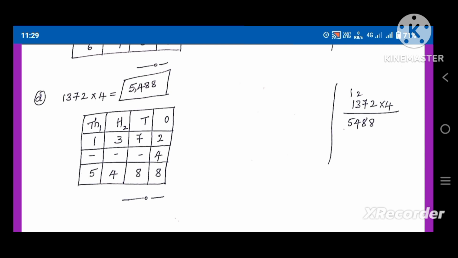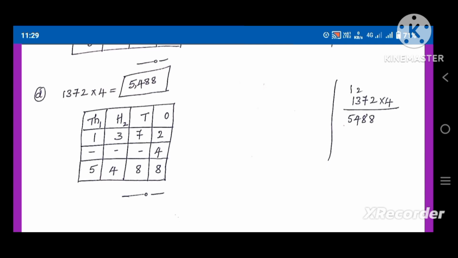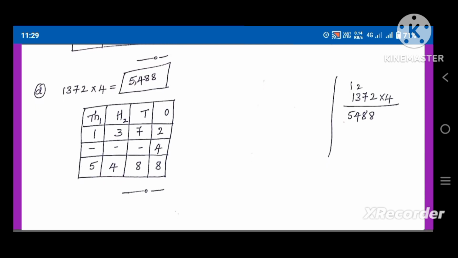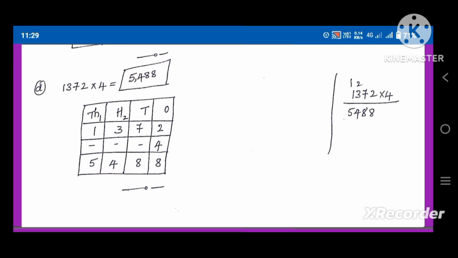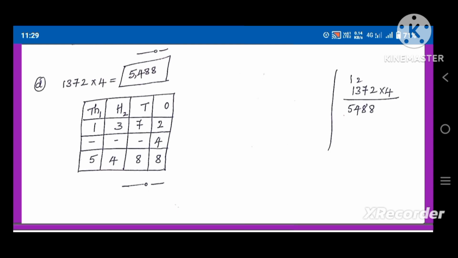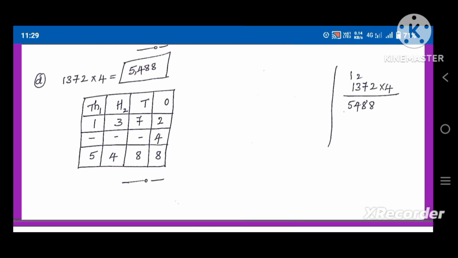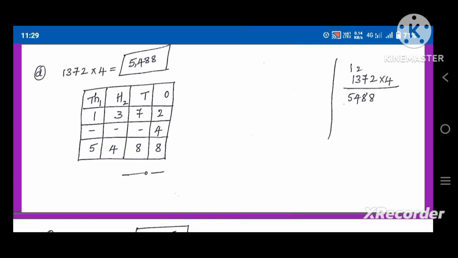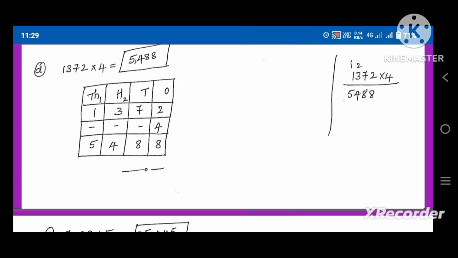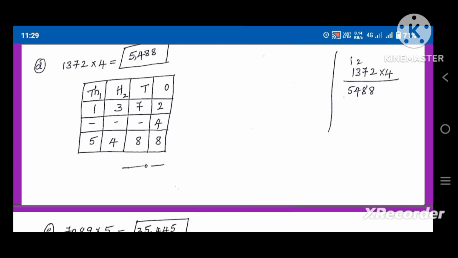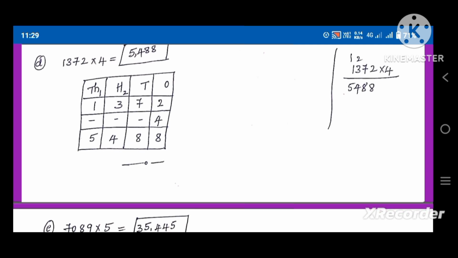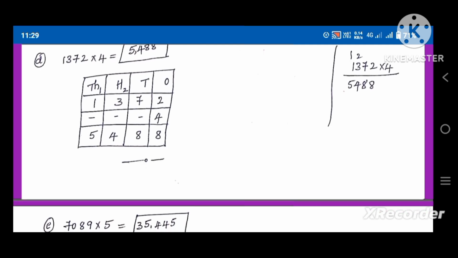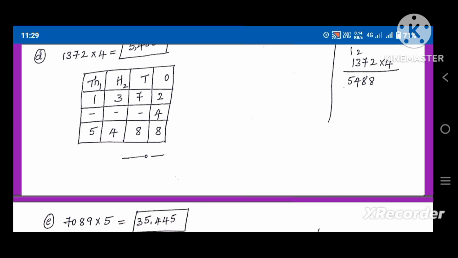Question number D, 1372 into 4. 4 into 2, 8. 4 sevens are 28. 2 carry. 4 threes are 12. 12 plus 2, 14. 1 carry. 4 ones are 4. 4 plus 1, 5. 5488.